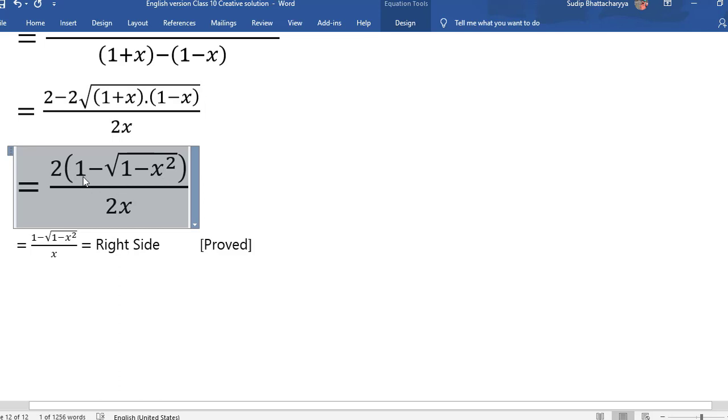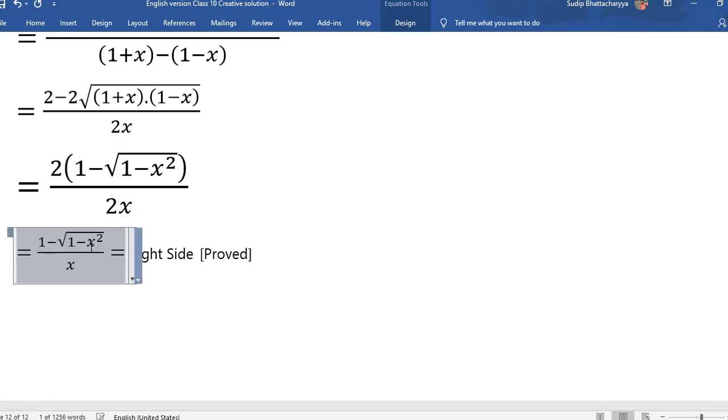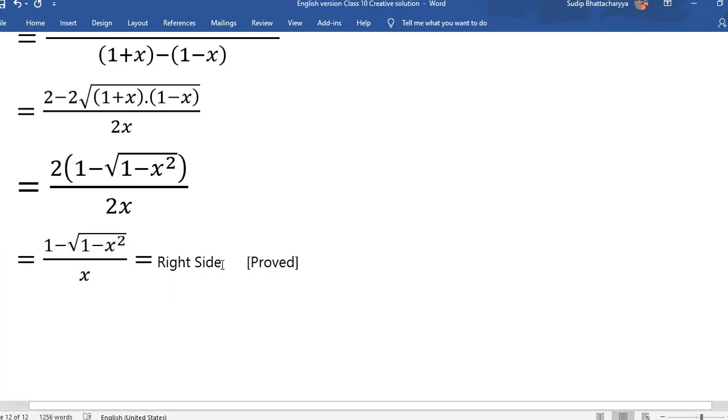So 2 into 1 minus root over 1 minus x square, and as the denominator we will get 2x, and if 2 and 2 are cancelled, you will get 1 minus root over 1 minus x square divided by x, which is the right side. So this is our proof.